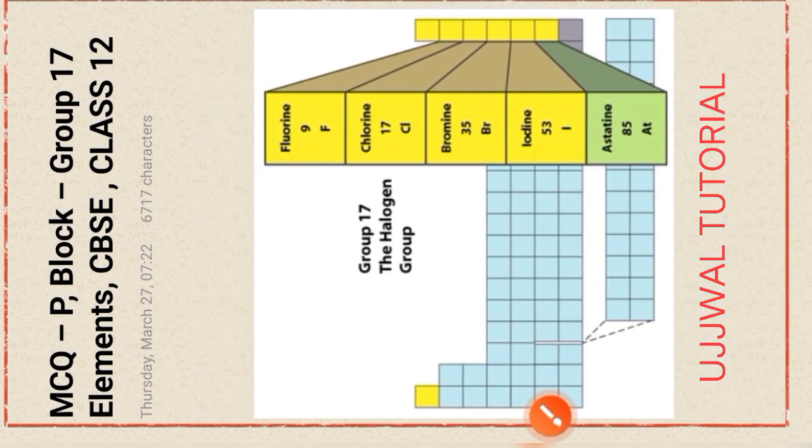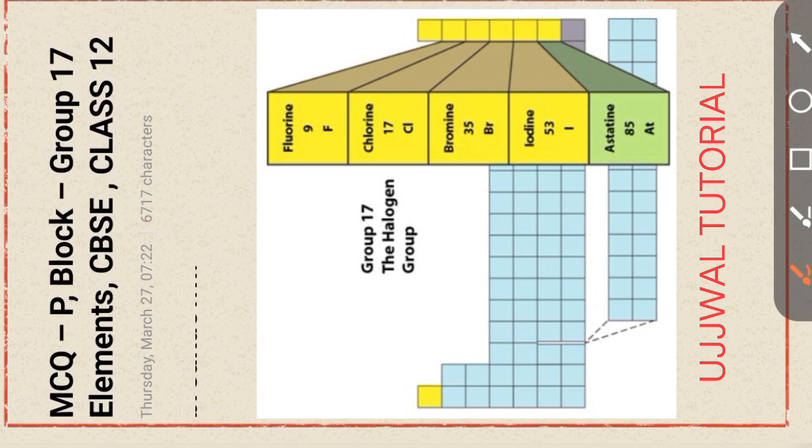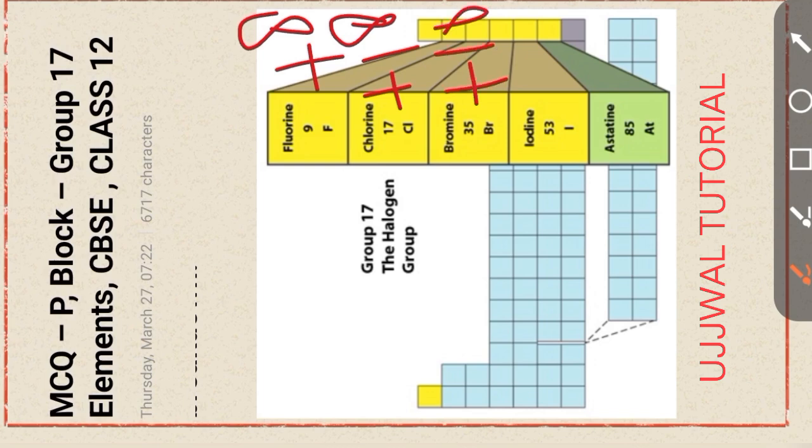At first, the atomic number of fluorine is 9. 9 plus 8 gives the atomic number of chlorine, 17. 17 plus 18, atomic number of bromine, 35. 35 plus 18, atomic number of iodine, 53. 53 plus 32, atomic number of astatine, the radioactive halogen element, that is 85. Now let's discuss the very important MCQs in the first part.